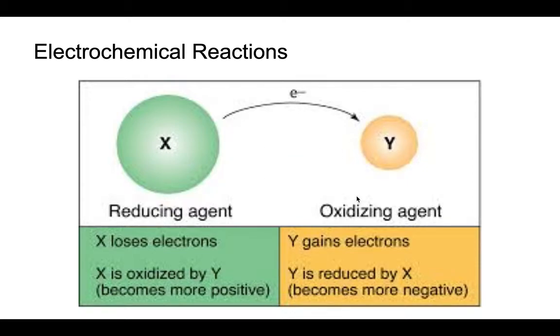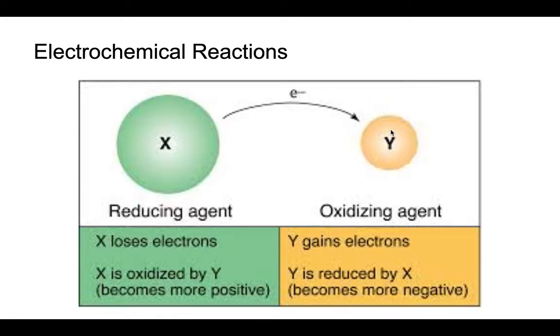Now you might have noticed these terms down here are opposite. We can sort of term these in either direction. This atom X is losing electrons, so it is being oxidized by Y. Y is the oxidizing agent. Y is causing X to be oxidized. Y is oxidizing X. Now we also know that Y is being reduced.